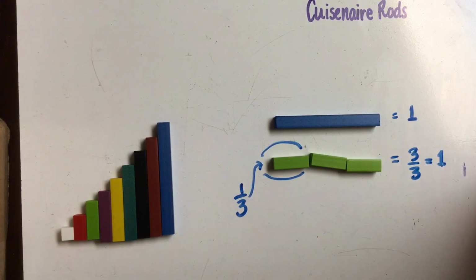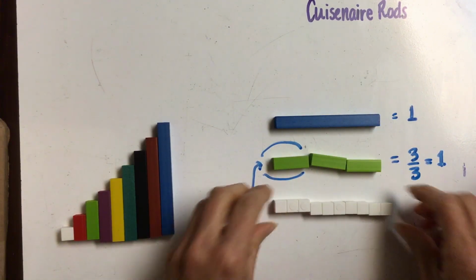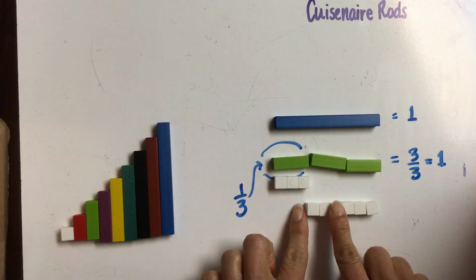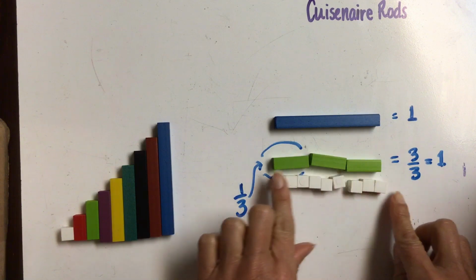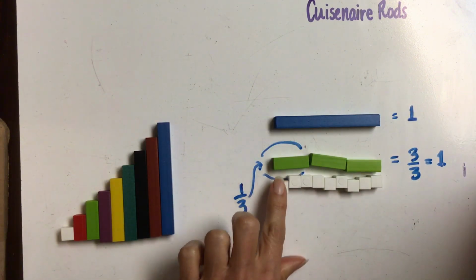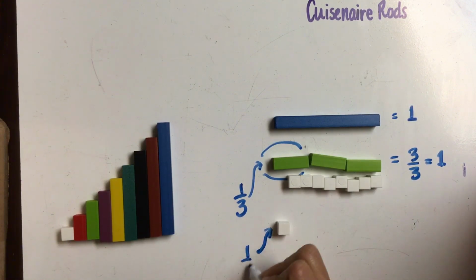And then you can further, because now we're advancing and we're in 3rd grade, and we're not just doing halves, thirds, fourths, you can say, okay, let's see, oops, that's 1 too many. So I have 3 whites equals, and 9 whites. So now my blue is represented by 9 whites, and this 1 white here is 1/9.